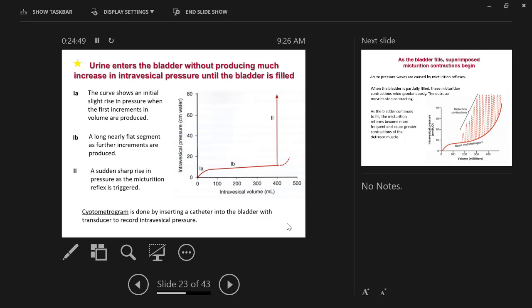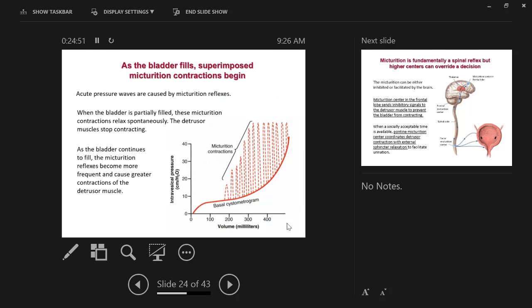But if you look closely, it's a little bit more complicated, because the real micturition contraction occurs like this. Acute pressure waves are caused by the micturition reflex, but spontaneously it relaxes, so it comes down.